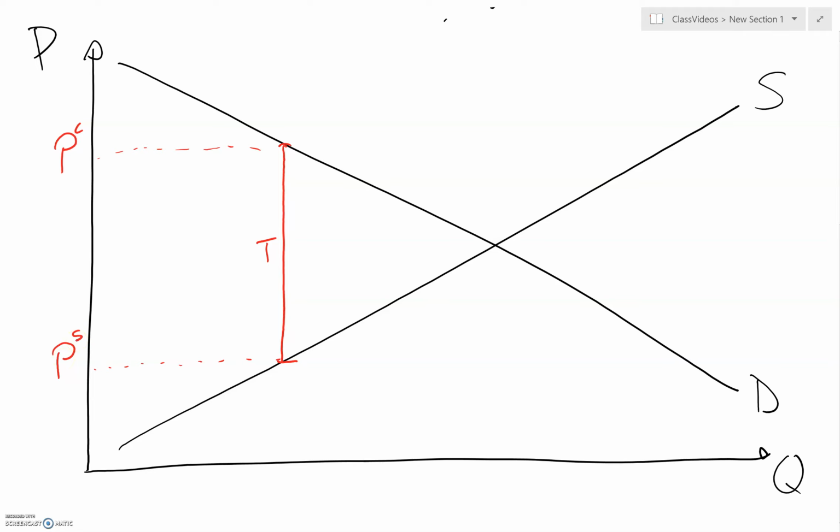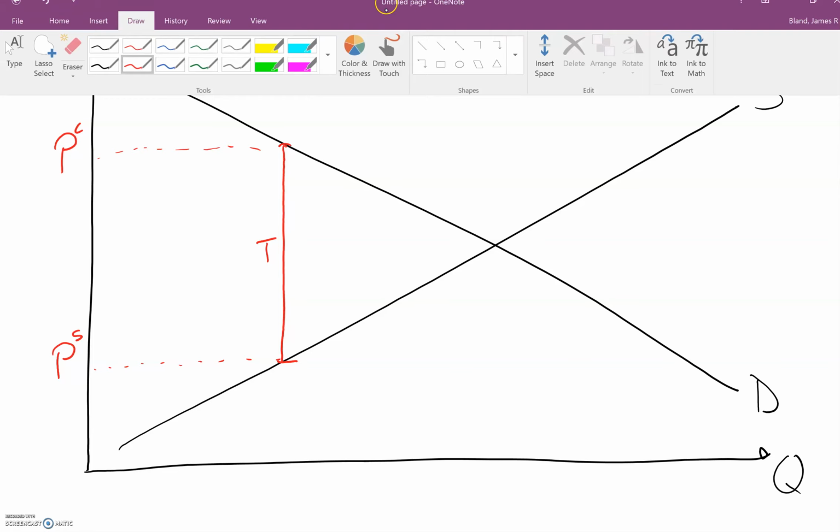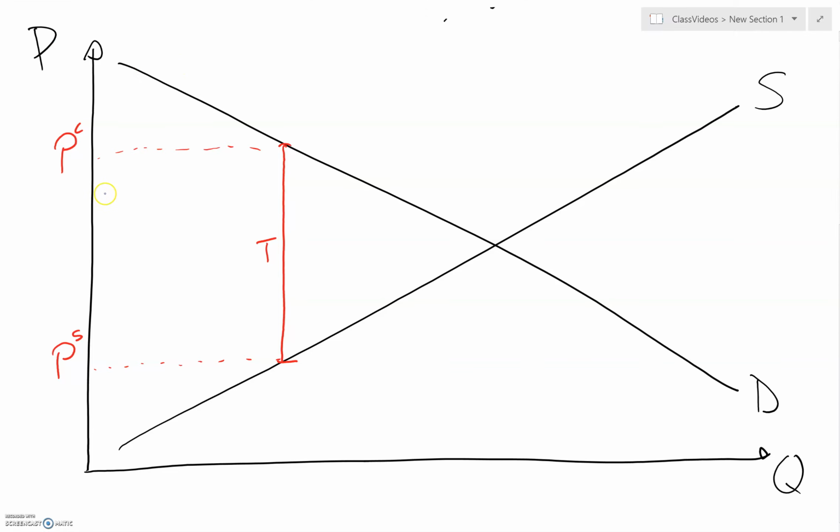In terms of what these areas are, this square is government revenue.